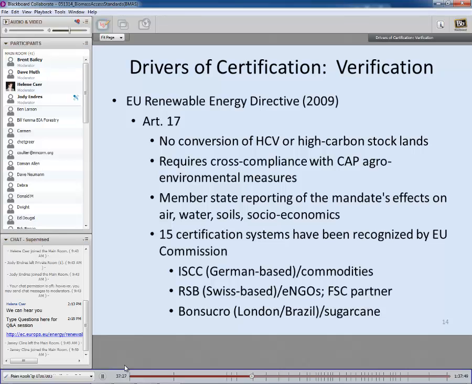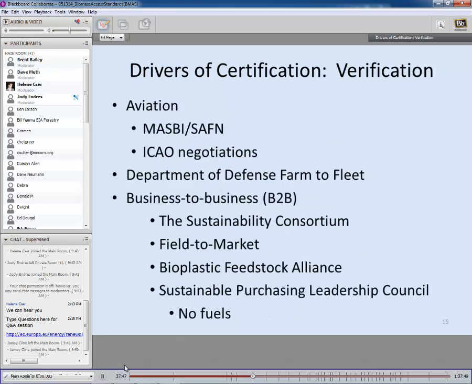They do a lot of certification in Brazil, and it's sugarcane based, although I do believe they have some certifications in Australia. They're not solely Brazil, but a lot of the effort started with certifications in Brazil. So of those 15, these are three of the ones that we talk about the most in the U.S. dialogue about certification.